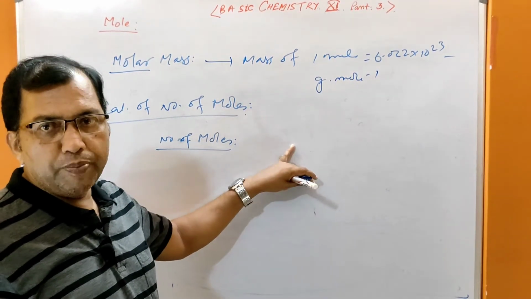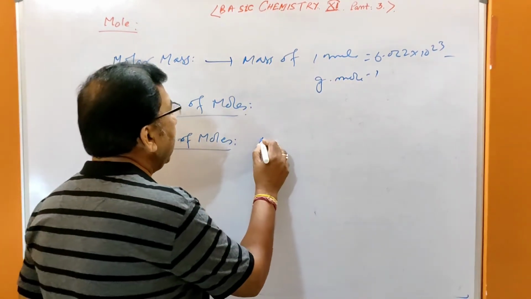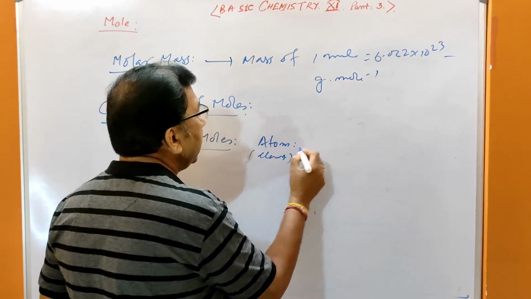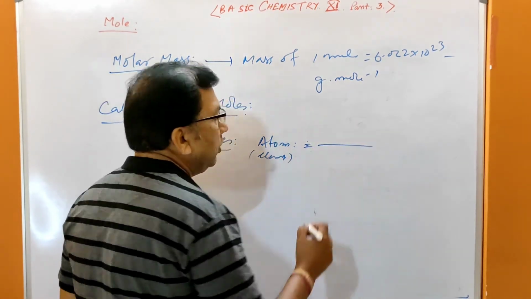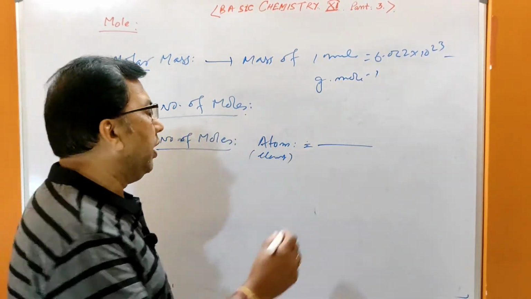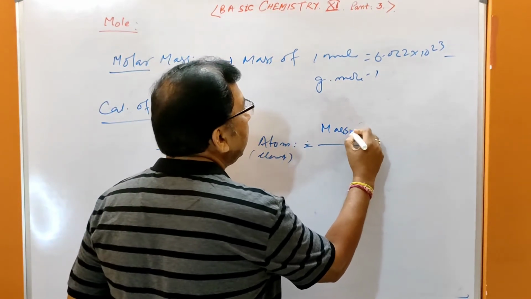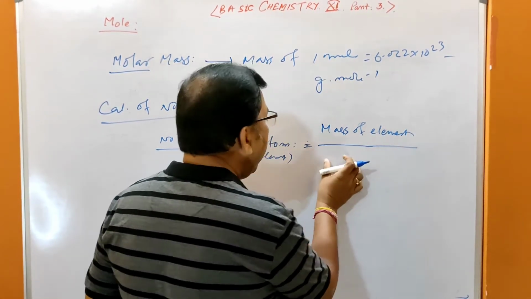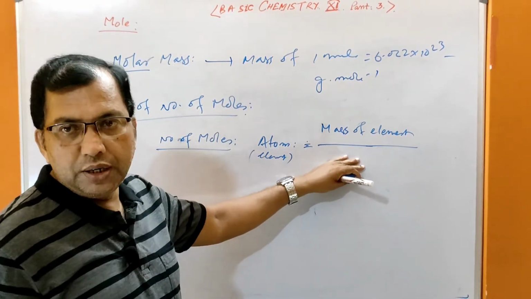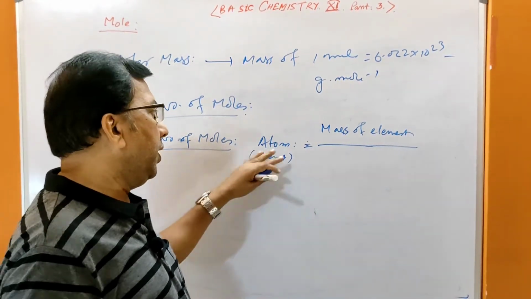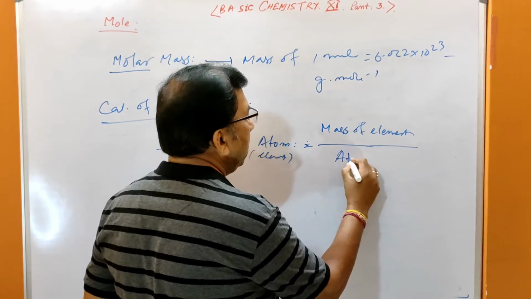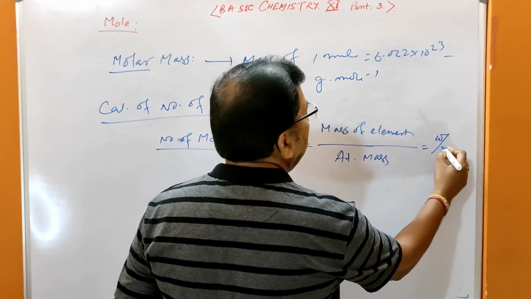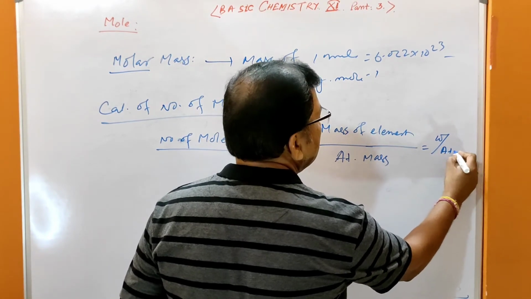The number of moles of atoms, that is for an element, will be the given mass of element, W, divided by atomic mass, M.